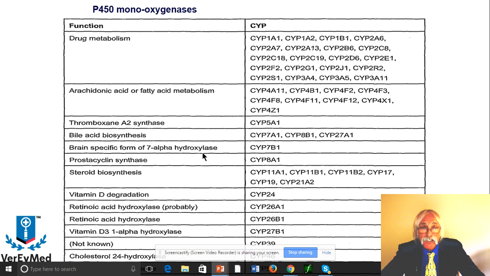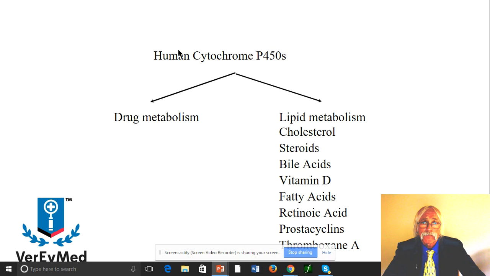Lots of steroidogenesis in the brain involves specific CYPs. There's prostacyclin, steroid, vitamin D, retinoic acid, and on and on and on. Okay, all cholesterol metabolism itself, synthesis of it. You can't go wrong if you say that CYPs are involved in lipid metabolism, and lots of drugs are actually lipids, and that's probably why there's so many that can join here.